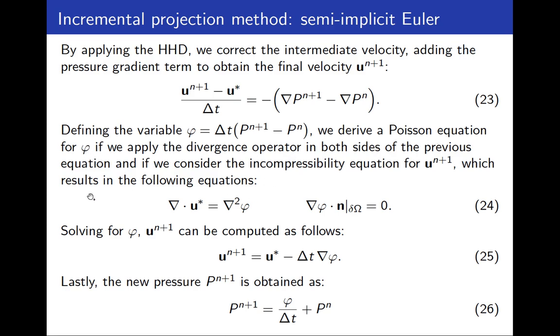Then if we apply the divergence operator on both sides of the previous equation, and consider the incompressibility equation for the new velocity, we will have a Poisson equation for phi that can be solved. We have equation 24, and once we solve the Poisson equation for phi, we can correct the new velocity with equation 25, and then we also need to obtain the new pressure using equation 26.